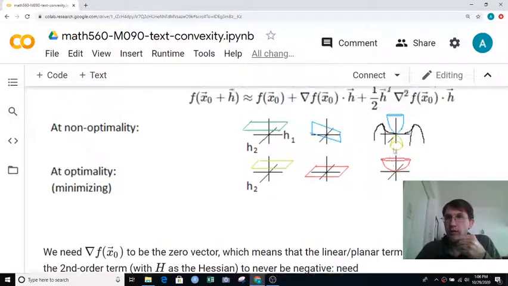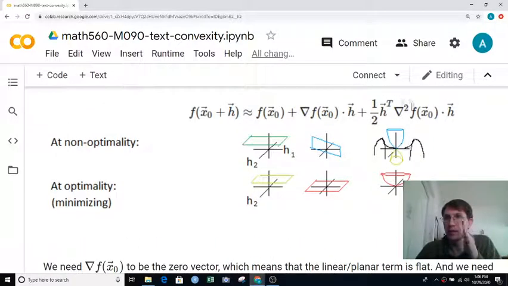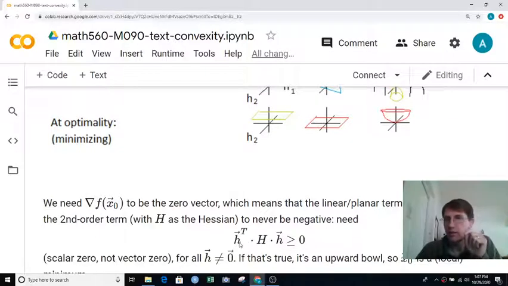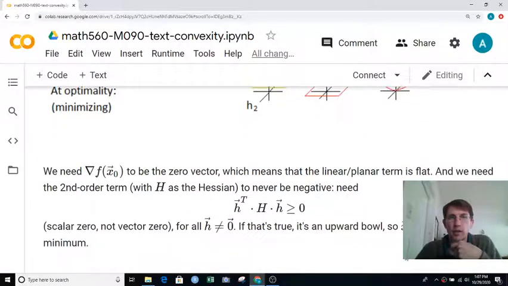So, this term is basically h times the Hessian times h. So we need our vector h, our incremental direction vector, times the Hessian times h to never be negative. And that would give us kind of an upward facing bowl. And so our x0 vector would be our local minimum.